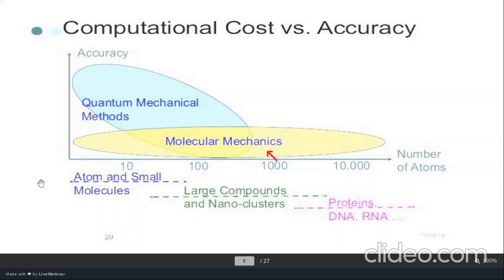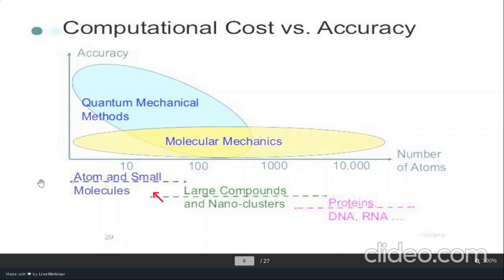Here we show that with quantum chemical methods, we handle atoms and small molecules with a range of atoms like 50, 60, and up to 100 atoms. We can deal with these by using quantum mechanical methods, and we get good accuracy.